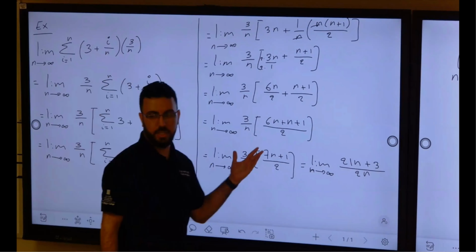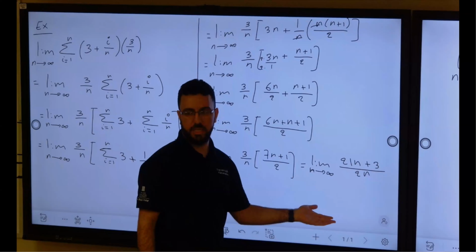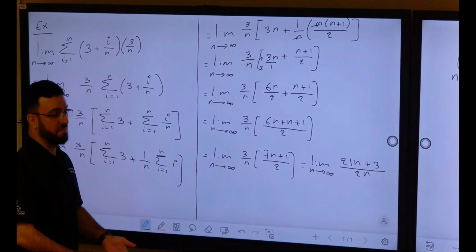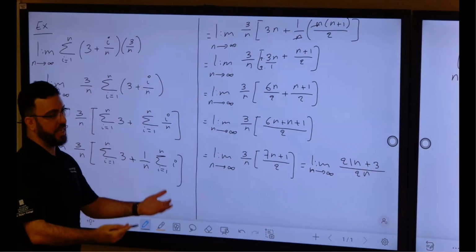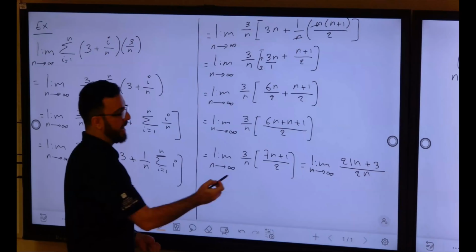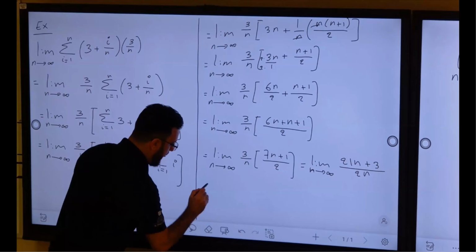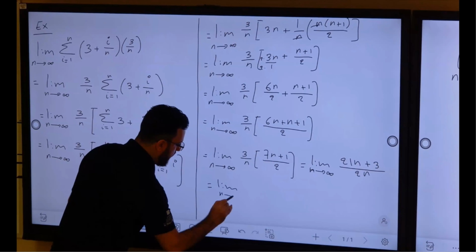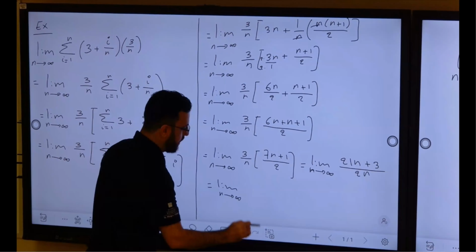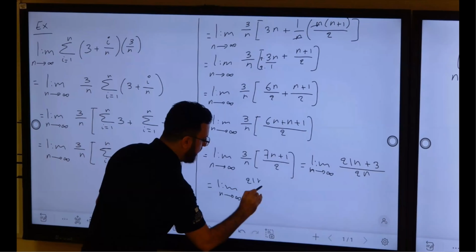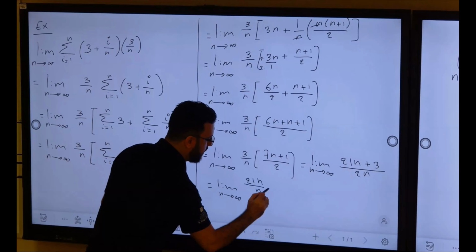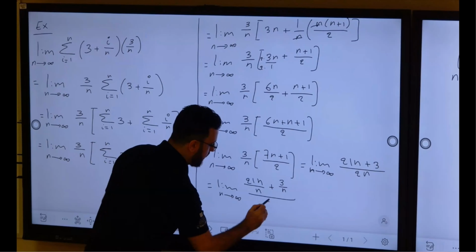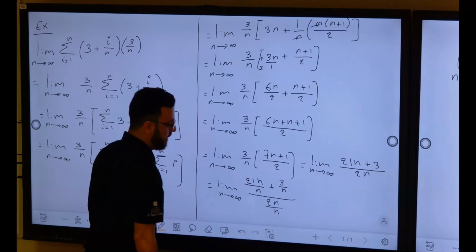Now we have to take the limit. How am I going to take the limit to infinity? You divide by the highest exponent on the bottom, which is n. That means the limit as n approaches infinity of 21n divided by n plus 3 divided by n, and here is 2n divided by n.